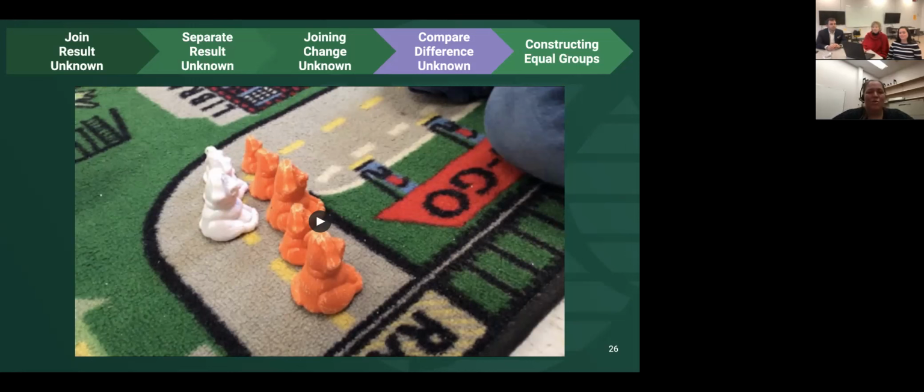Yeah. It is a perfect example, because one of the ways students will solve this problem is with a strategy that they call matching, where they take the two collections and line them up to match the ones that are the same amount, and then look for that difference as being these 2 puppies here on the end.